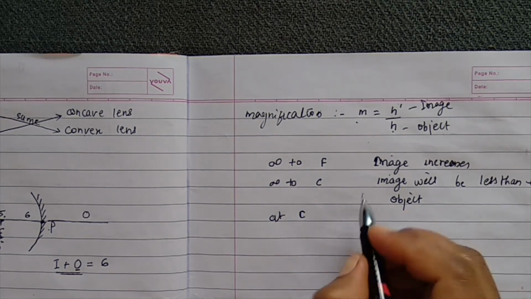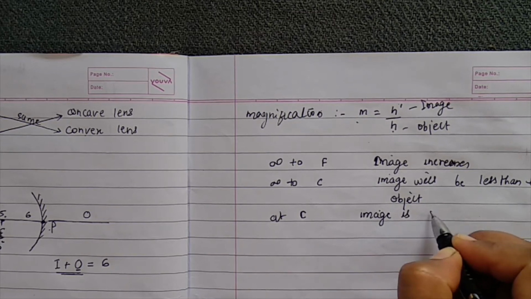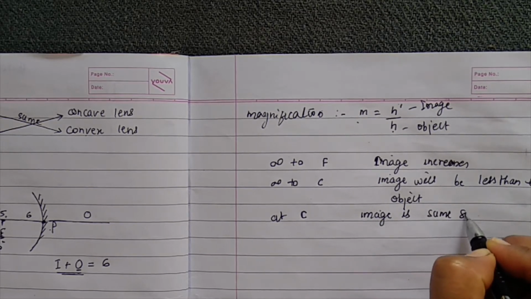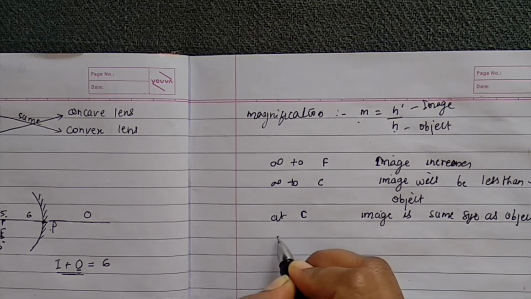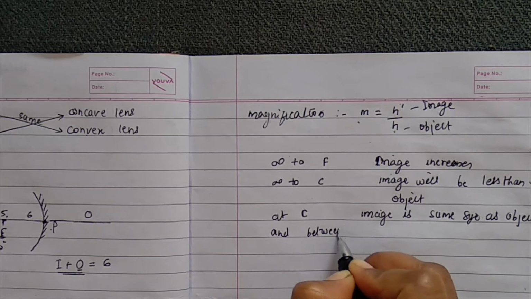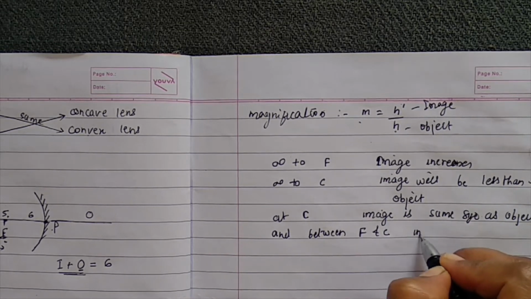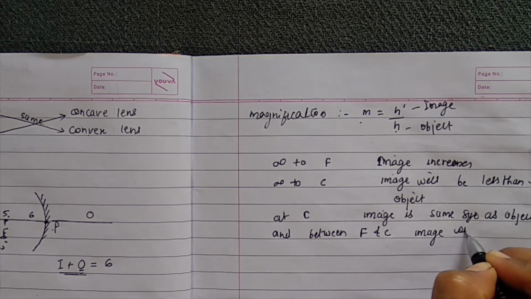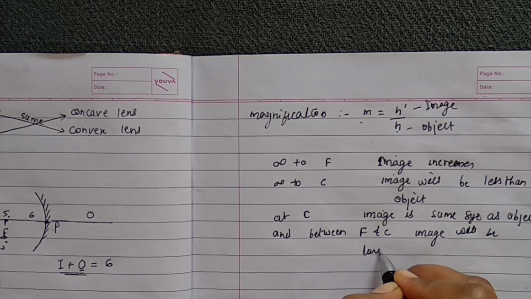At C, the image is the same size as the object, and between F and C, the image will be larger than the object.